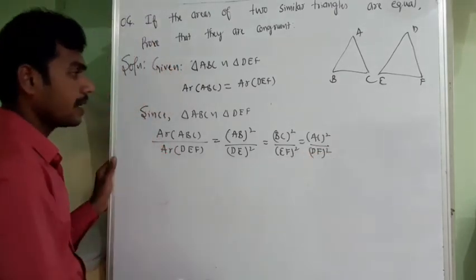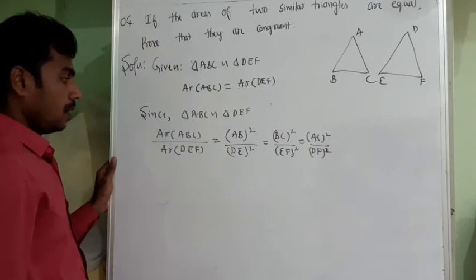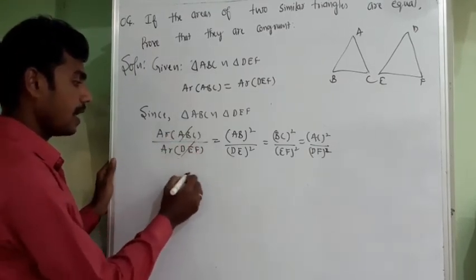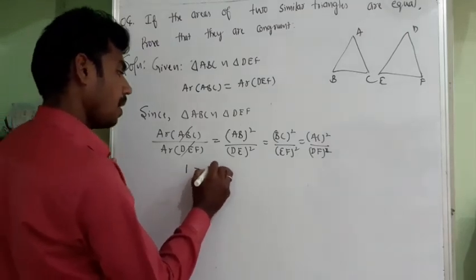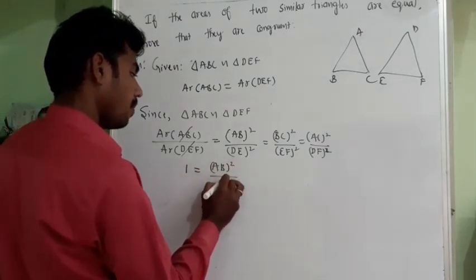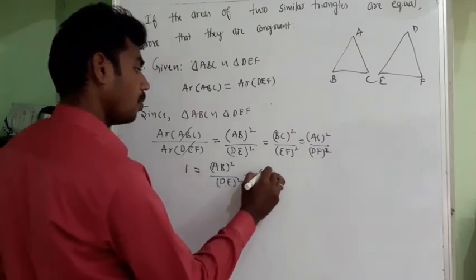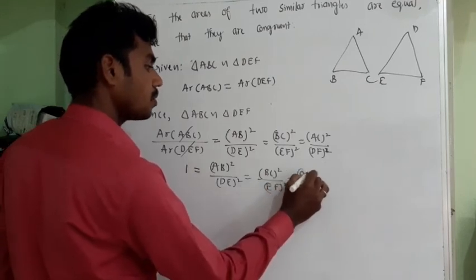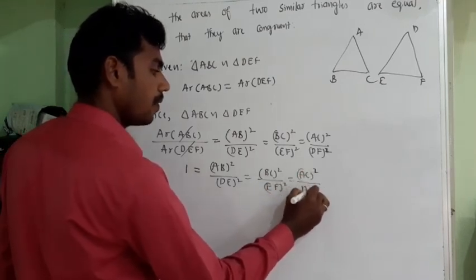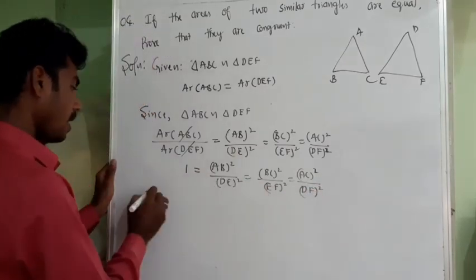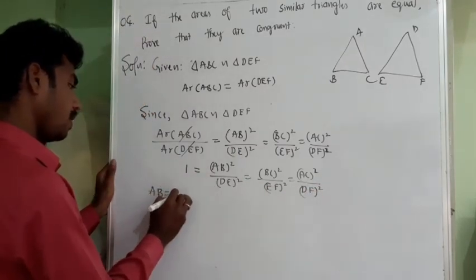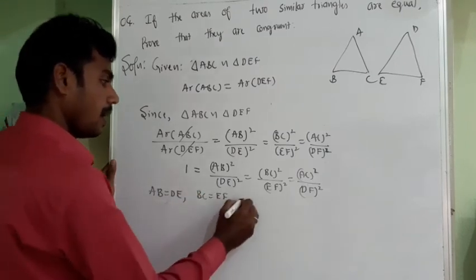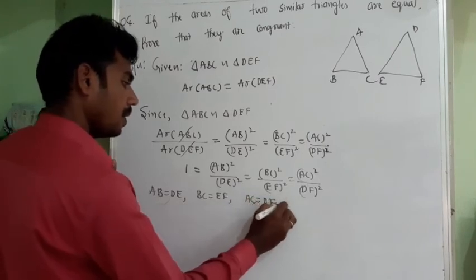Since the areas are equal, the left side is 1. So AB square by DE square is equal to BC square by EF square, which is equal to AC square by DF square. Through this, AB is equal to DE, BC is equal to EF, and AC is equal to DF.